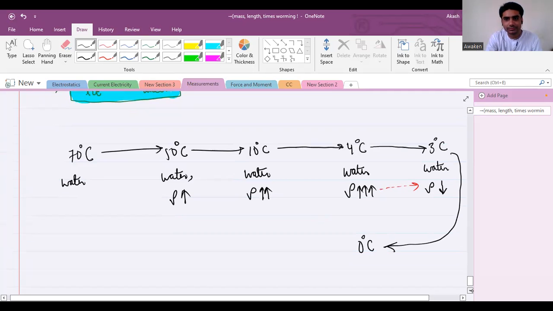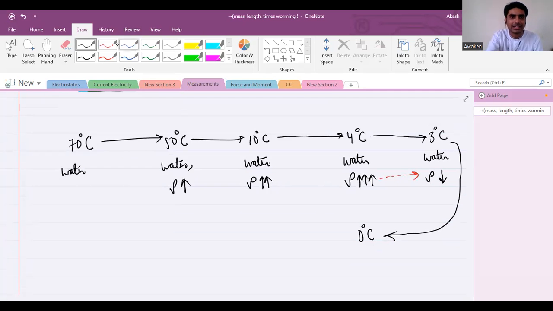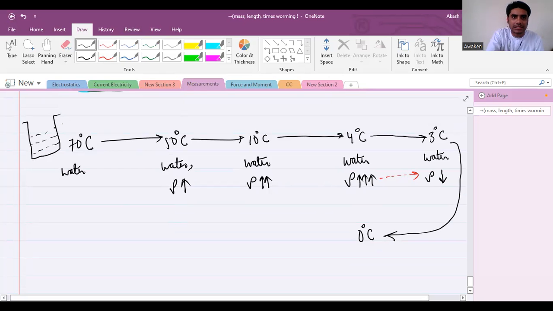Now watch carefully. At 0 degree centigrade, say for example, I had 1 kg water initially.